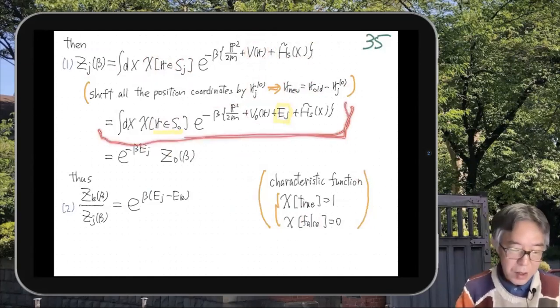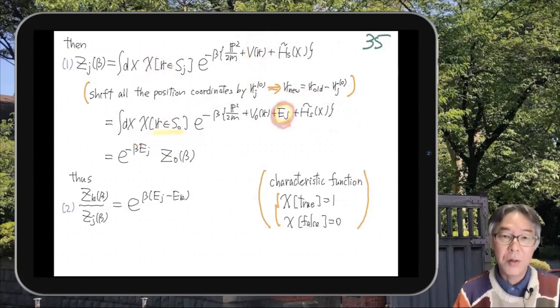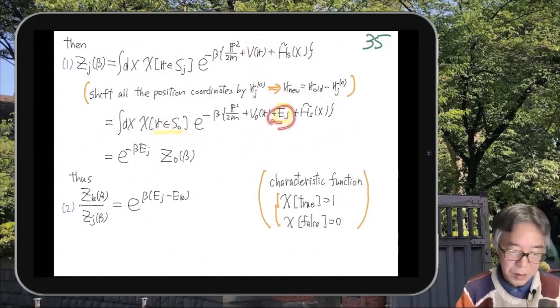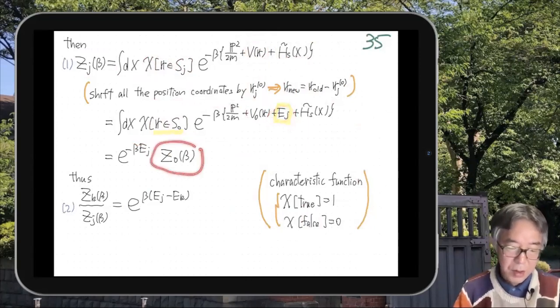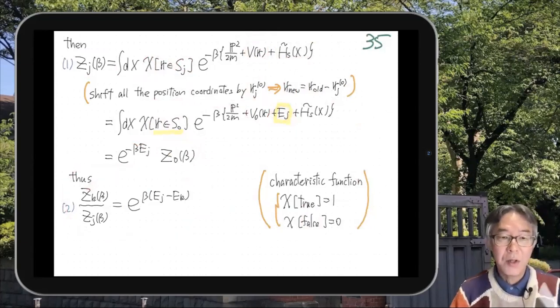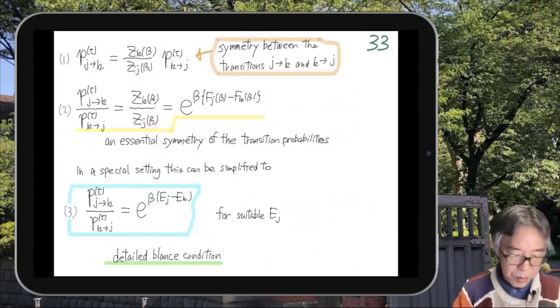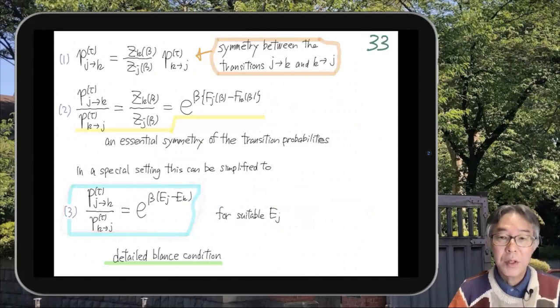Then if you look at this expression, the J dependence is only here. This is a constant, so you can pull this out and call the rest Z naught beta, and then you get this. From this, you find this. So this justifies this simple form of the detail balance condition.